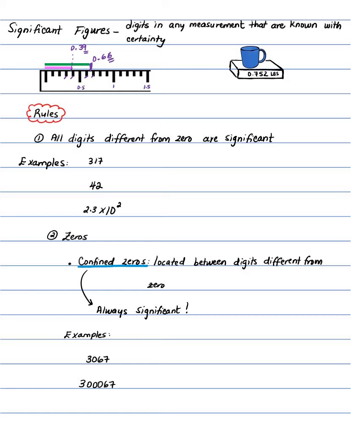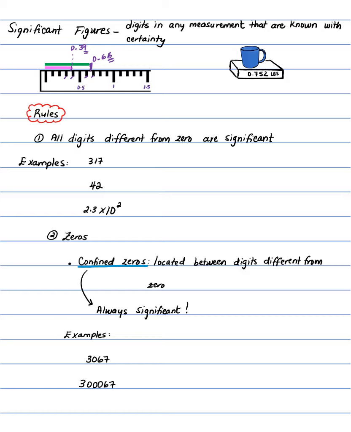Your measurements still have an error associated to them. In my example for the ruler, the one that I'm using to measure the inches for the pink and green line, the second digit that I'm estimating, that second decimal place, carries an error. Okay? I'm measuring 0.39, I'm measuring 0.66, but my estimate can be a little bit different from someone else's estimate. So that estimated number carries the error. For the mass balance, the same thing is true.